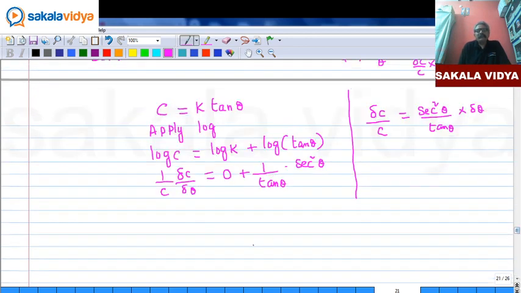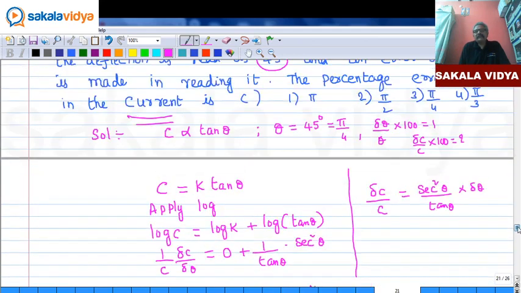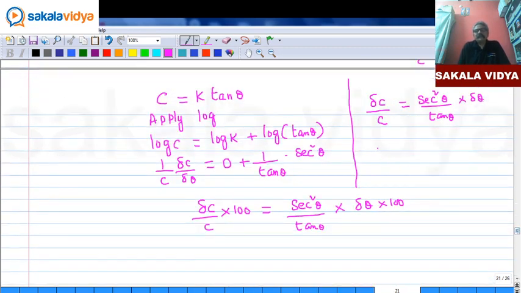But we need to find out delta C by C into 100. That is equal to secant square theta by tan theta into delta theta multiplied by 100. Very interesting here: delta theta by theta into 100 is equal to 1, so delta theta into 100 is theta. So in the place of this we can write theta. But theta is how much, given? 45 degrees.